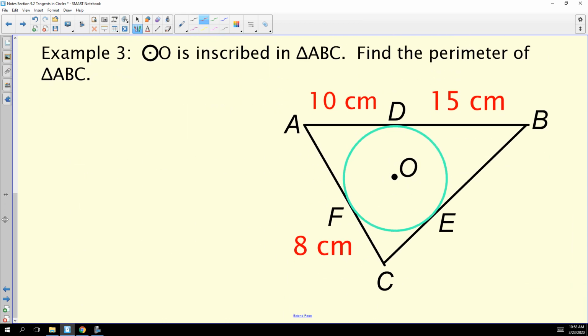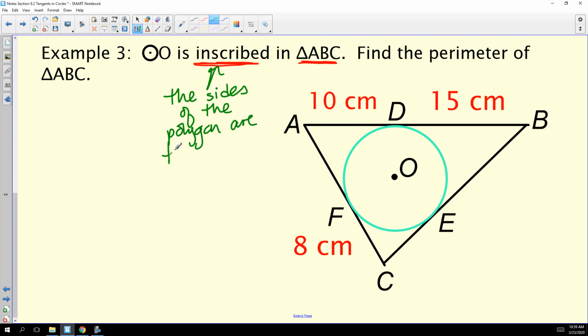Okay, and then here's how we're going to use that in an example. In this example, this is how you would read it: circle O is inscribed in triangle ABC. What that means is that the sides of the polygon are tangent to the circle.